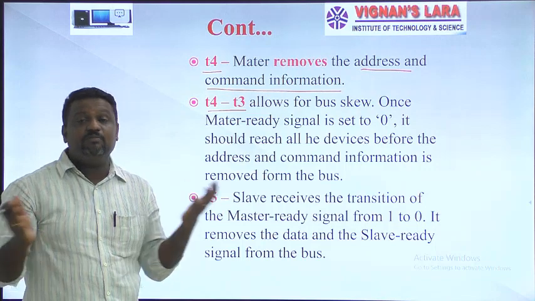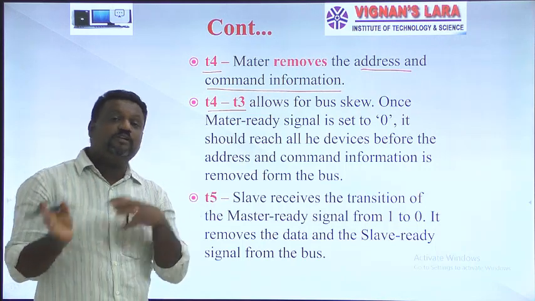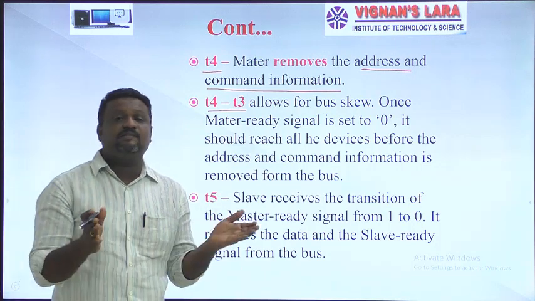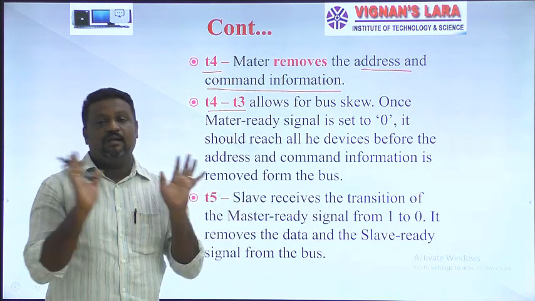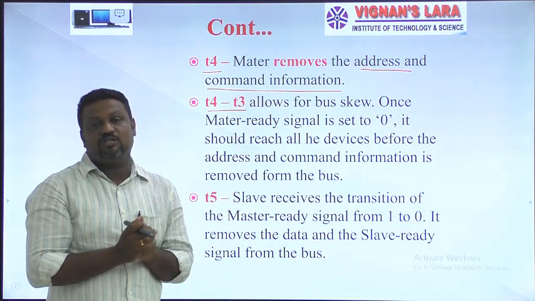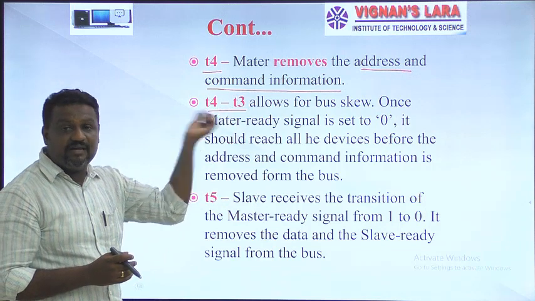It can't immediately remove the information placed over the bus. Removing address or command information takes a certain amount of time, because first it deactivates the master ready signal, and later it removes the information it already placed over the bus. So that is what T4 minus T3 indicates.